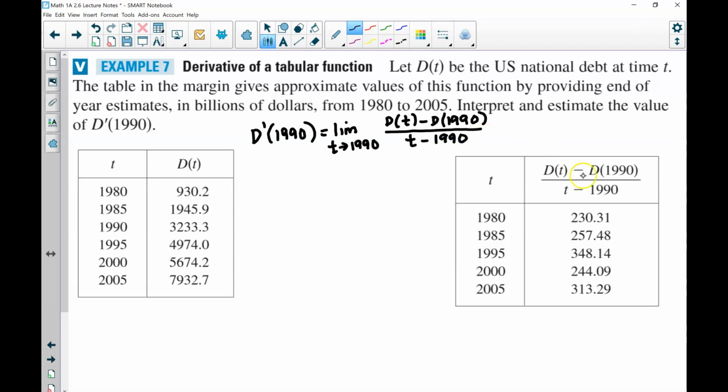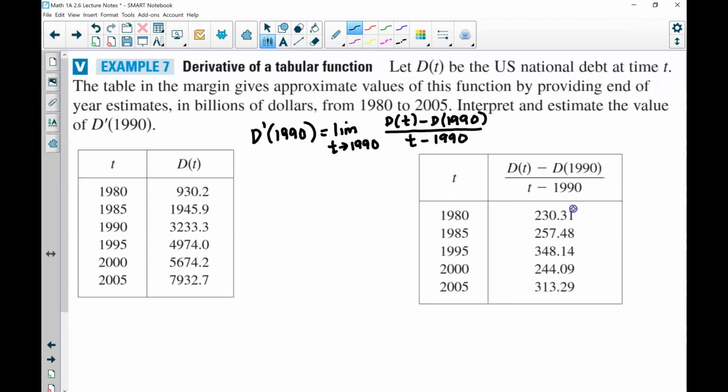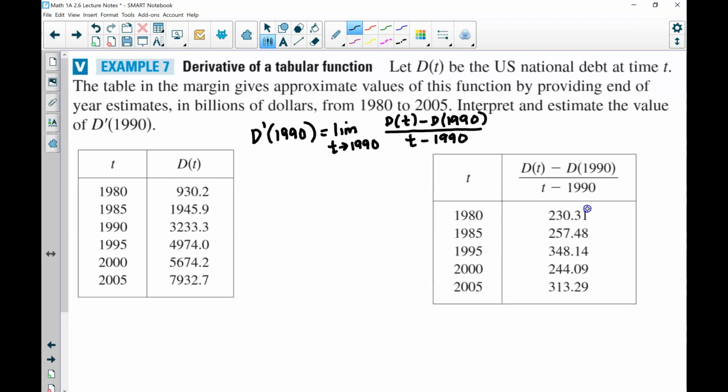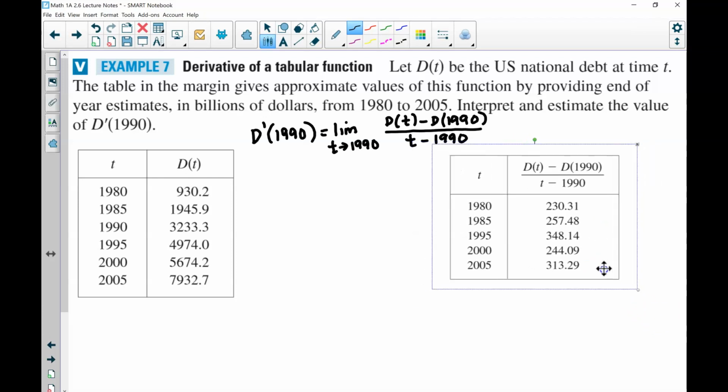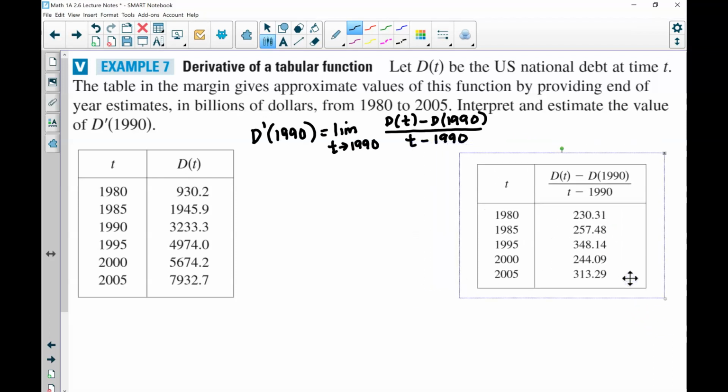Okay, so I have this table on the right here, and these are all the values that we're going to end up getting according to our formula. But let's go ahead and do a few of them here.